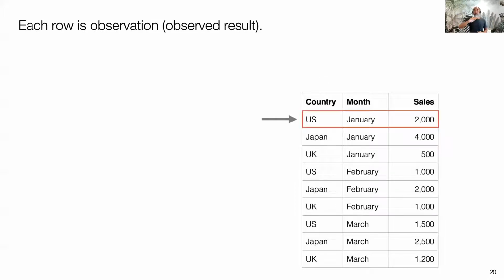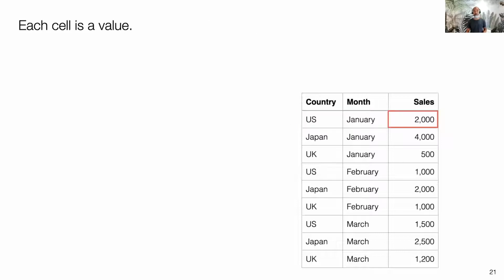That means this particular row is the observation of how a certain product was sold in a particular month in a particular country. So this is called an observation. And then you have more rows as you observe more data, more customers or more transactions or more orders coming in. And each cell is a value.